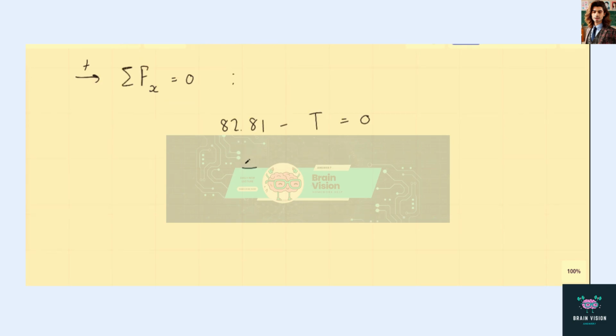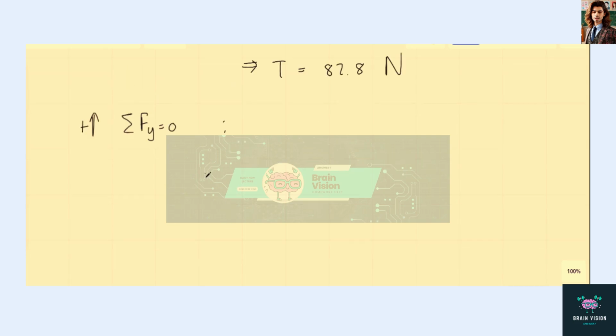And so the tension in the cord to keep the cart stationary, T, must equal 82.8 newtons.